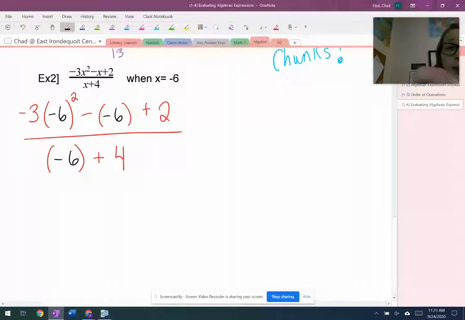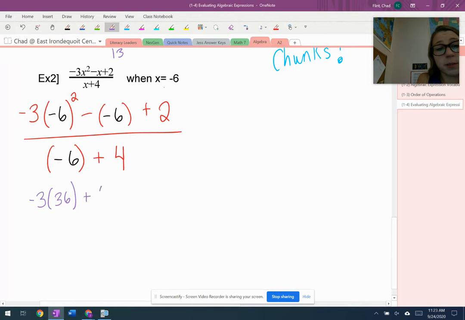All right, so I'll do a little work by hand, and then I'll show you it in the calculator just like last time. So -6, starting that order of operations, GEMS, those exponents first because there's no groupings. -6 squared is a positive 36. Those two negatives cancel out to become a plus. And on the bottom, -6 plus 4 is just -2.